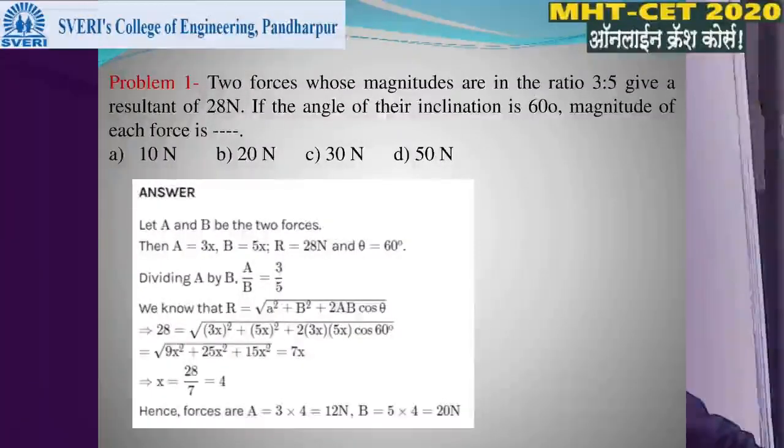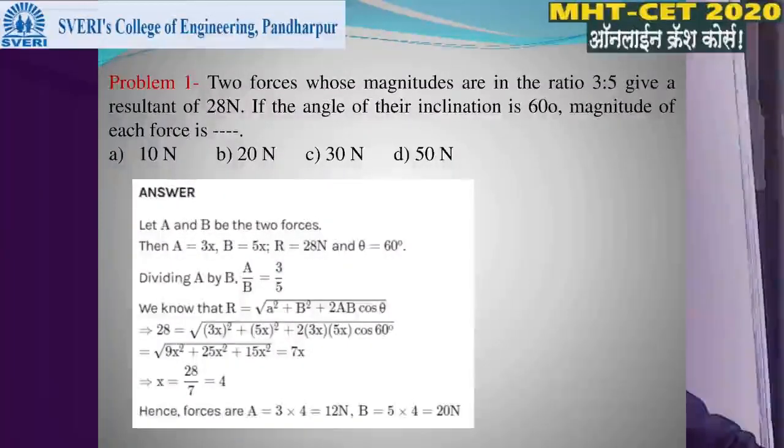If we divide A by B, then A divided by B is equal to 3 divided by 5. We know the formula for resultant: R is equal to under root A square plus B square plus 2AB cos theta.